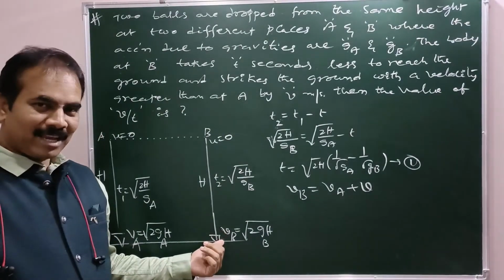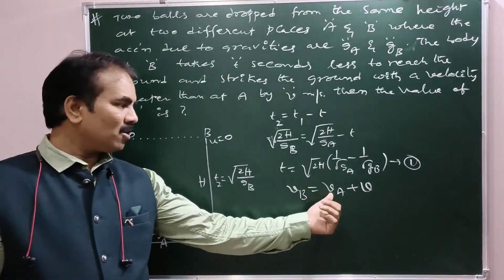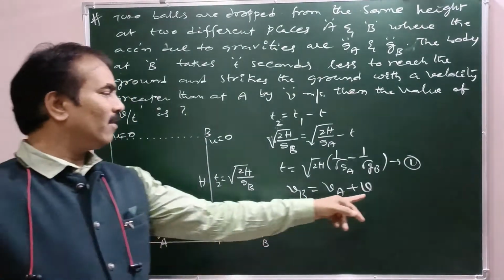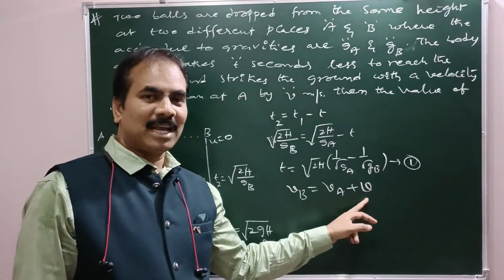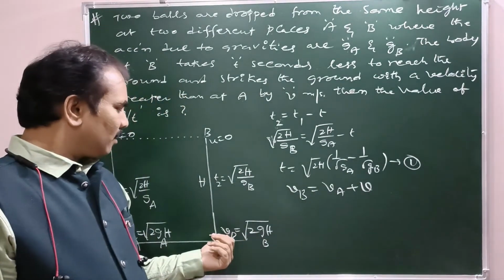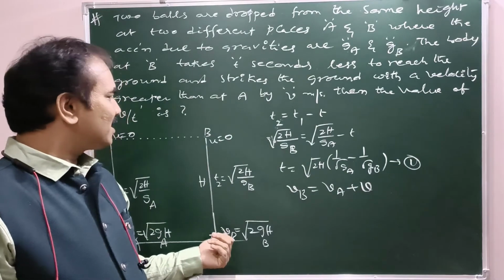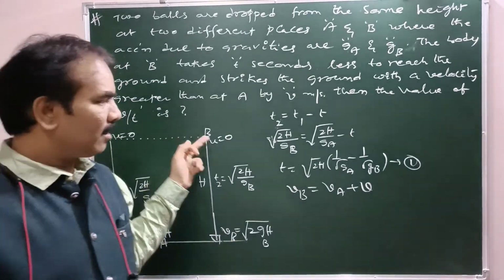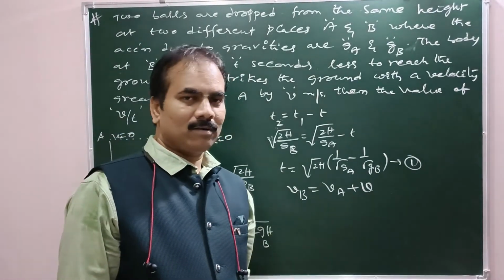Velocity at B on striking the ground is equal to velocity at A on striking the ground plus V. See, this is the additional velocity acquired by the body which is released at place B. By what amount? V amount, right?